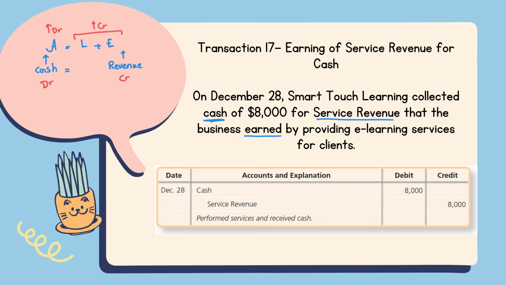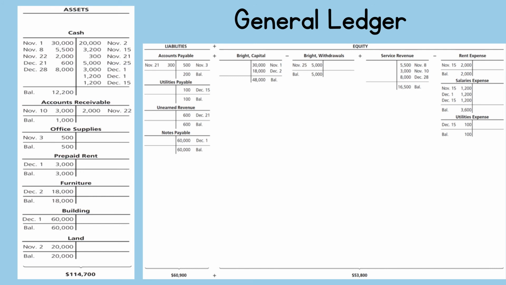So after recording each entry in the journal, I need to post those entries to the T accounts in the general ledger. This is the general ledger. We're going to have a T account for each account we had. As you can see here, under assets, we had cash, accounts receivable, office supplies, prepaid rent, furniture, building, land.